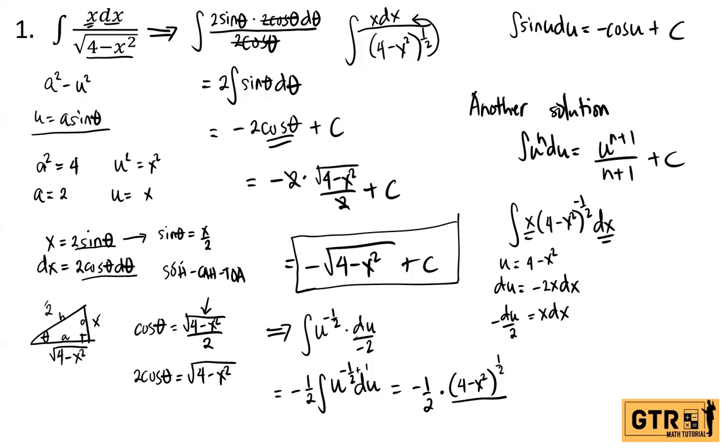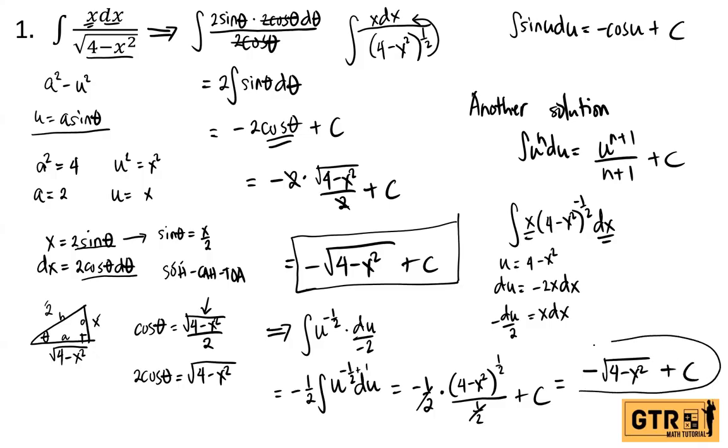And then we have the same 1/2 in the denominator, and then plus c. We can cancel out 1/2 in 1/2 and then 1/2 in the denominator. So final answer ay kaparehas na nito. Magiging negative and then convert this into radical form. So we have negative square root of 4 minus x squared plus c.